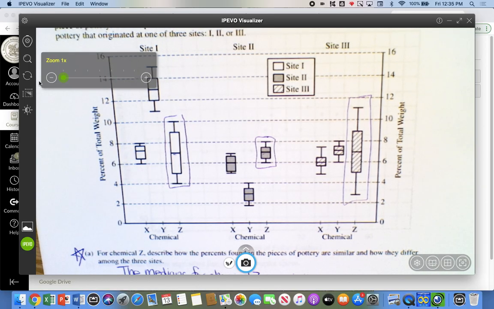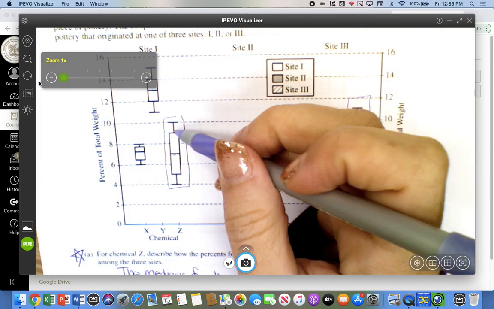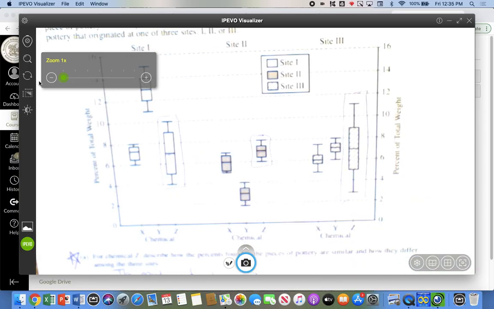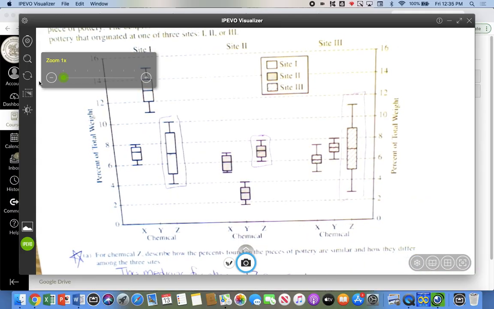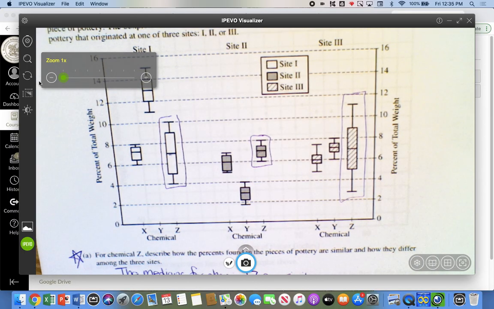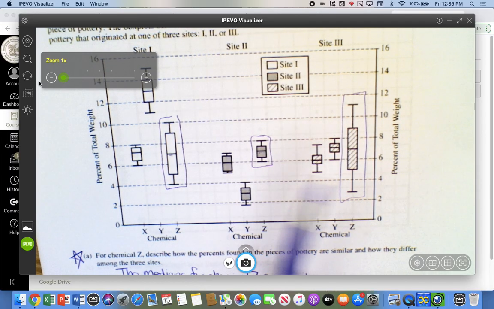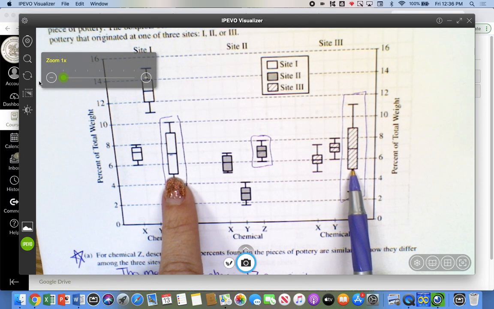Now, what about the IQR? The IQR is the measurement of the box. Are they the same or are they different? What do you think? Site 2 is different, but what about 1 and 3?